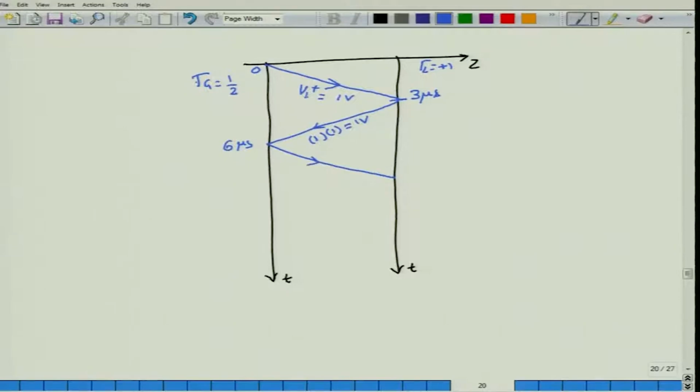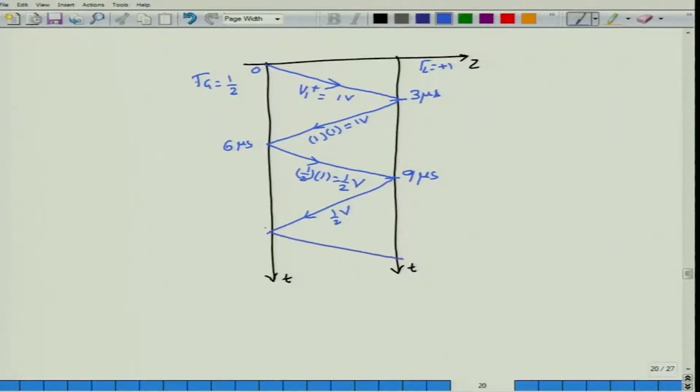So this was V1 plus, the next one was V1 minus. Now you have V2 plus with an amplitude of half into 1, which is equal to half voltage, right. So half voltage would begin to propagate at t equal to 6 microseconds and reaches the load at 9 microseconds. There will be one more reflection of half voltage because the reflection coefficient here is equal to plus 1.